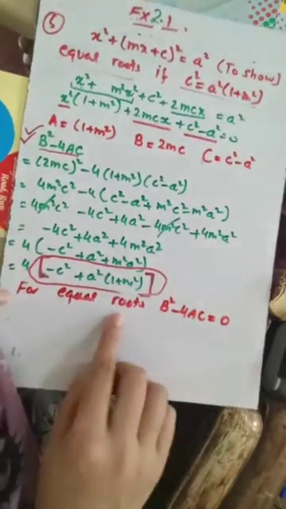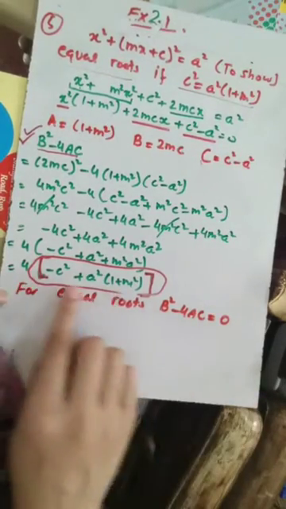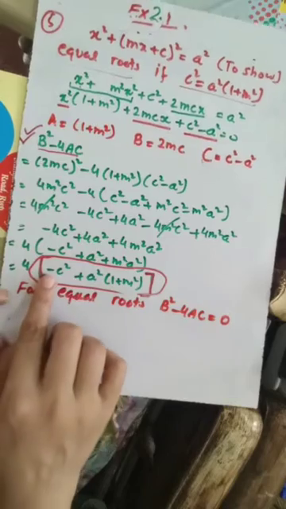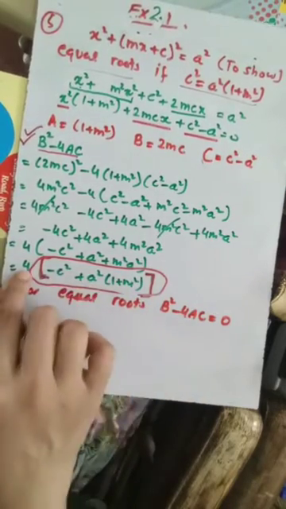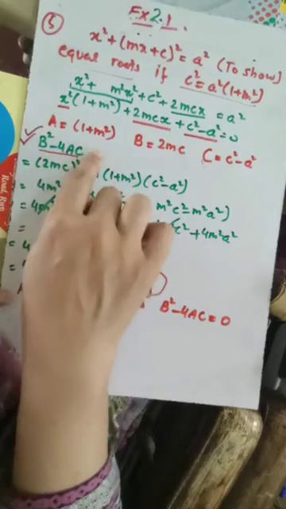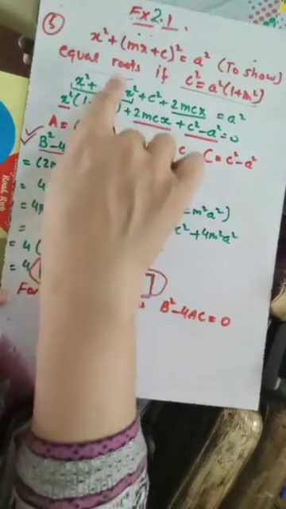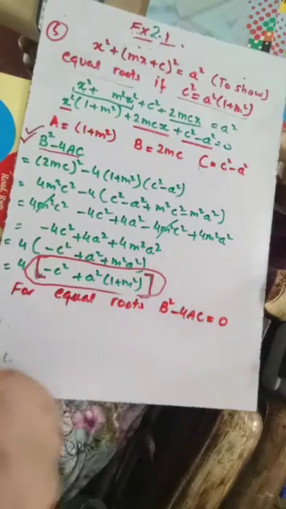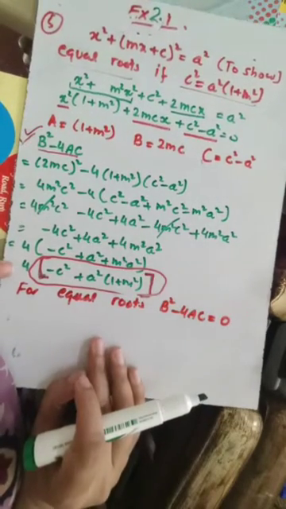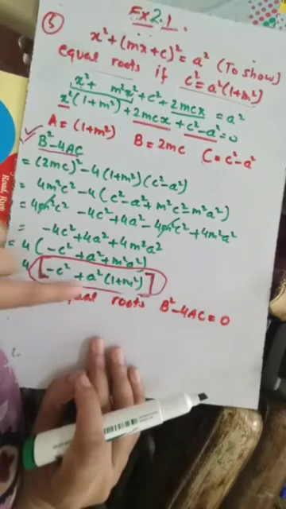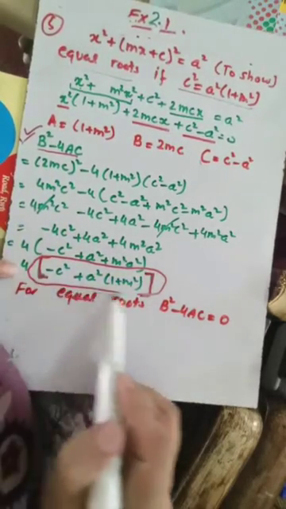So for equal roots, b square minus 4ac should be equal to 0. It means that this expression should be equal to 0, because 0 into 4 will then give us b square minus 4ac equal to 0, and we know that when b square minus 4ac is equal to 0, the equation will have equal roots. So for equal roots we should make this expression equal to 0, and we know that the factor which is making this whole expression equal to 0 is this one.